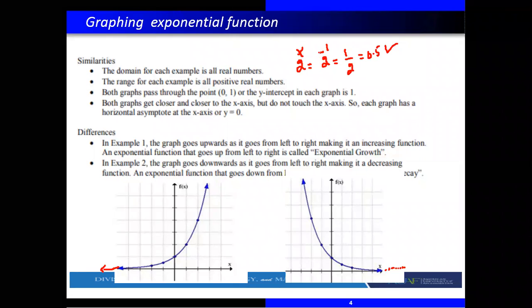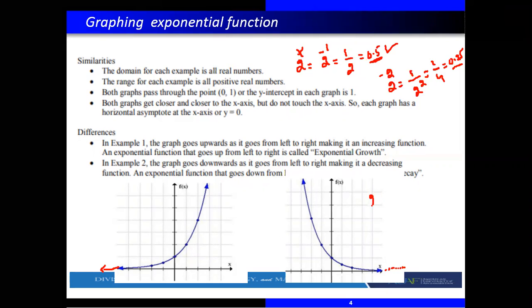For x equal to minus 1, the result is 0.5. For x equal to minus 2, 2 power minus 2 we can write as 1 over 2 power 2, which means 1 over 4, and that means 0.25. You can see the first one is 0.5, the second one is 0.25. It's decreasing, but it's not going to 0.